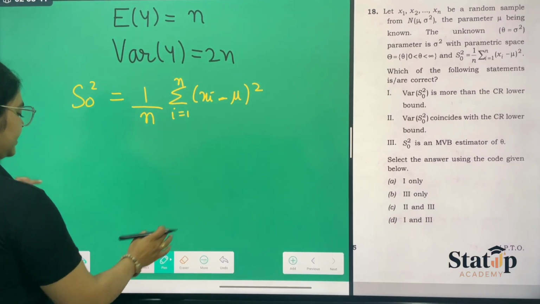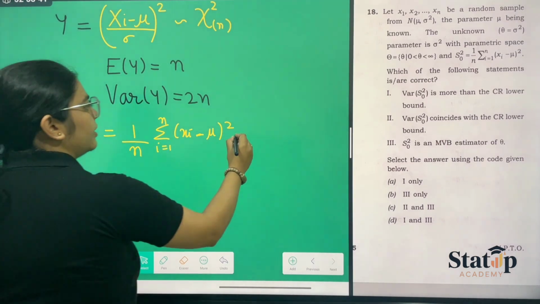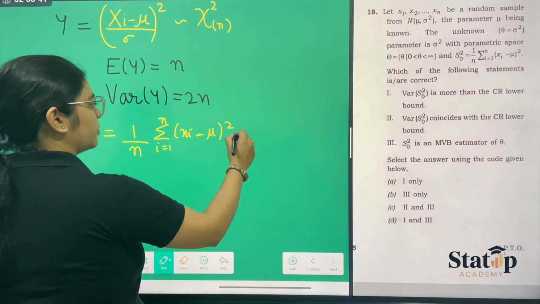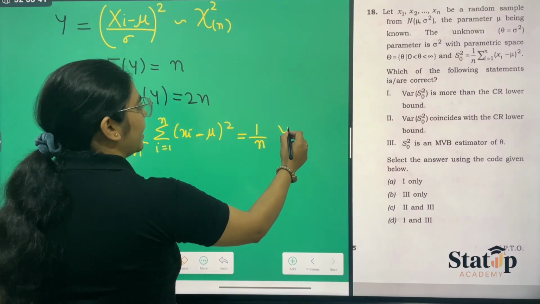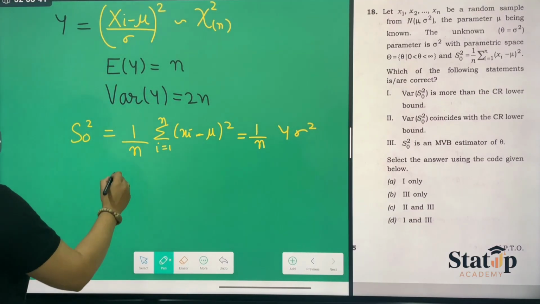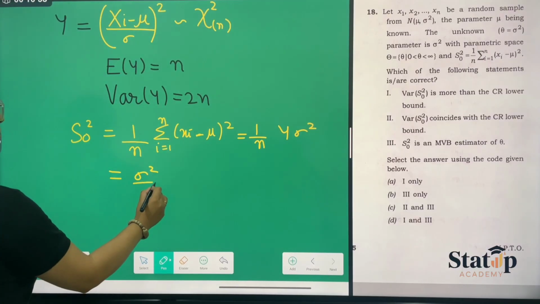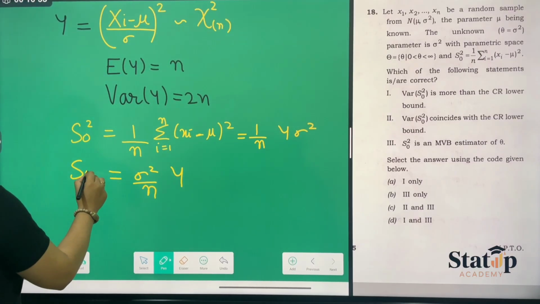If we see this clearly, this can be written as sigma square upon n times y, which is equal to s naught square.